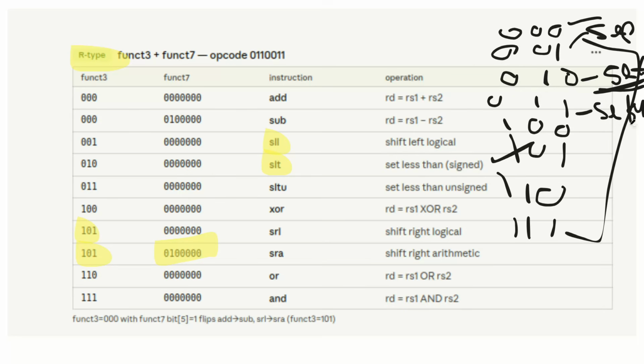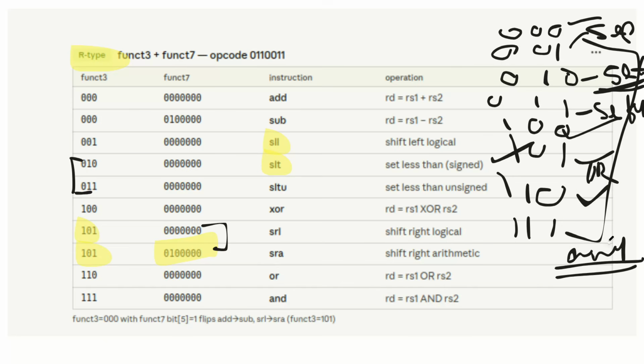So to understand this order only; actually these are not used, but still. Then XOR is 100, then 101 is for SRL and SRA, shift right logical and shift right arithmetic, both have 101. So we use function 7 to choose between them. Fine. So 101 is over. 110 is for OR, and for AND you have 111.